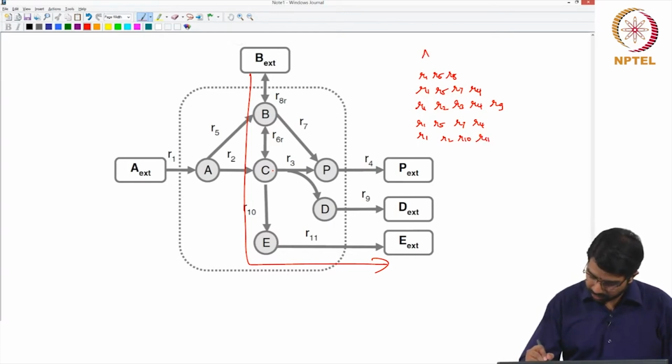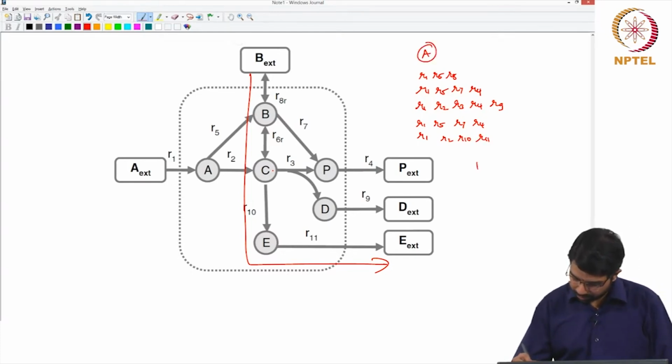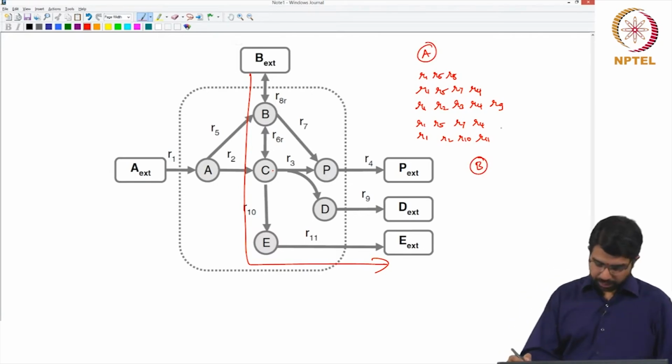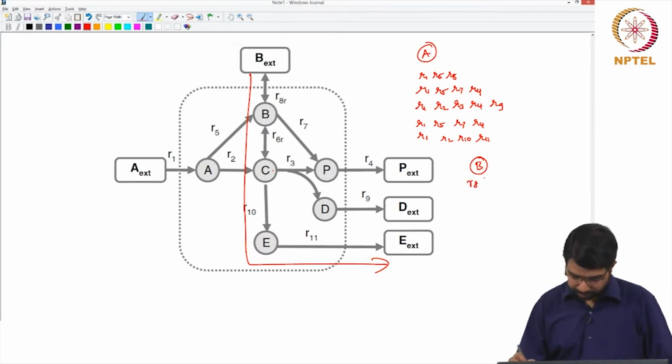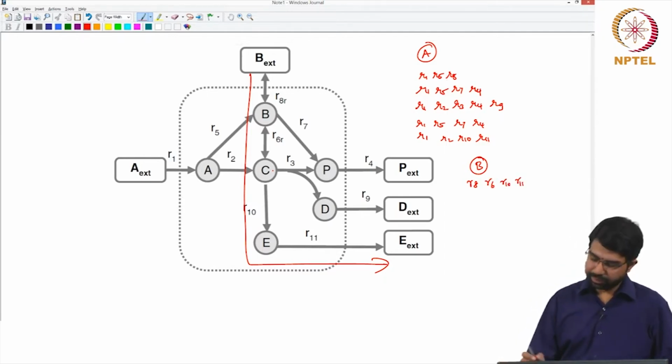So, these are all starting at A. Now, let us look at B, right. So, you will have R8, R6, R10, R11.